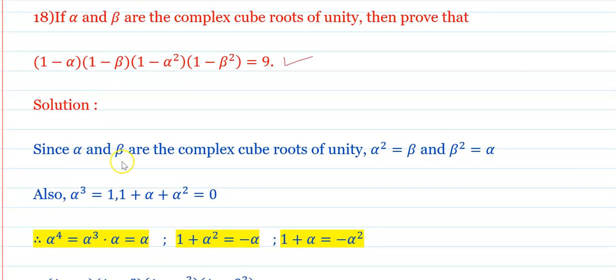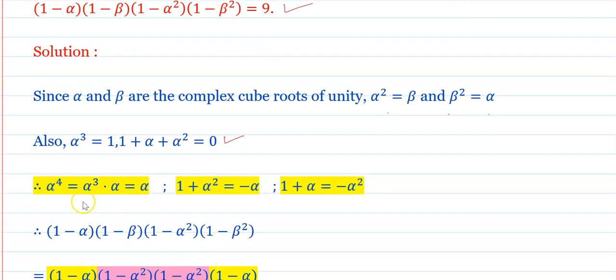Since alpha and beta are the complex cube roots of unity, alpha square is beta, beta square is alpha, alpha cube is 1 and 1 plus alpha plus alpha square is equal to 0. What is alpha raised to 4? Alpha cube into alpha, but alpha cube is 1, so 1 into alpha is alpha. 1 plus alpha square is minus alpha. 1 plus alpha is minus alpha square.